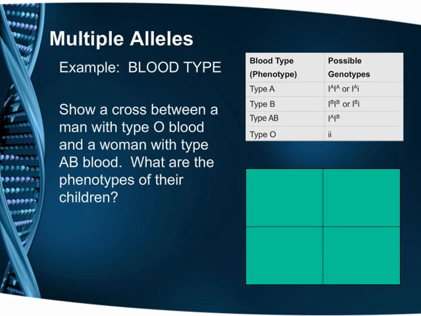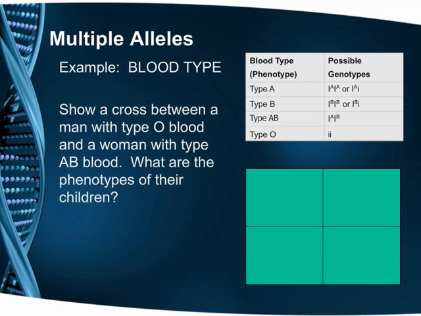The next example is for multiple alleles. And here we have the chart showing the different types of genotypes that are possible for various human blood types. So you first need to complete the chart. For blood type A, an individual might be IA, or IA little i.